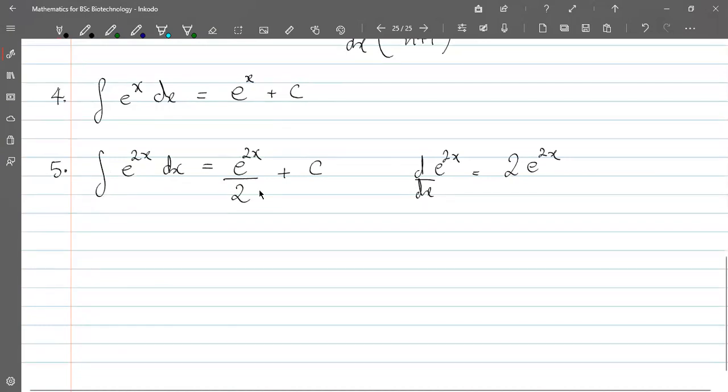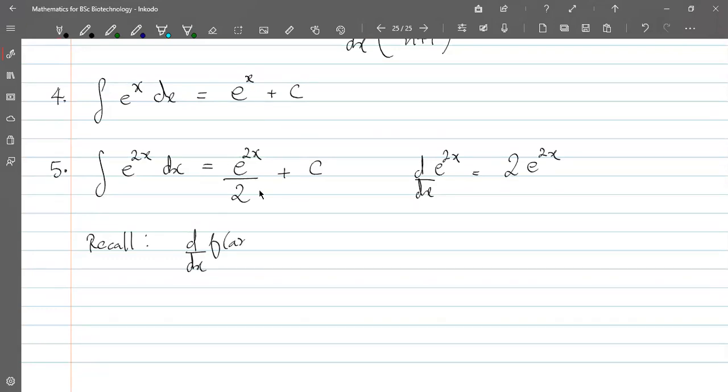But more generally, remember that d dx of f of ax is a f dash of ax. Therefore, integral of f of ax dx equal to what?